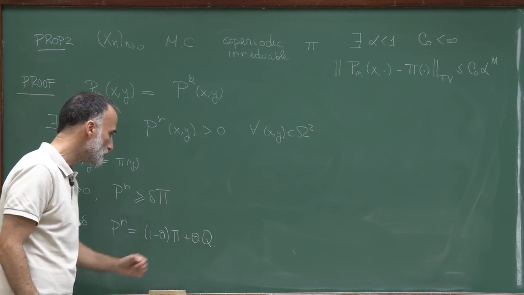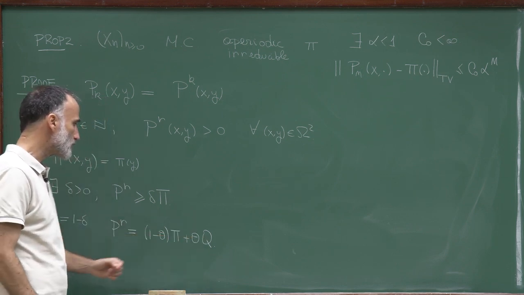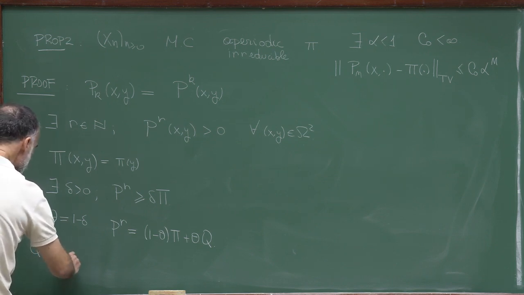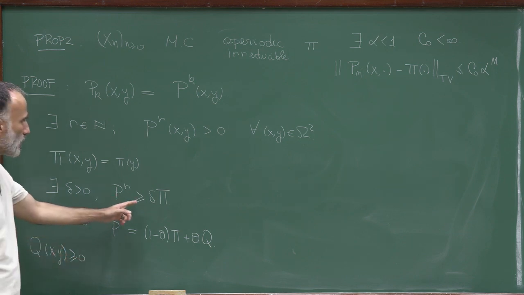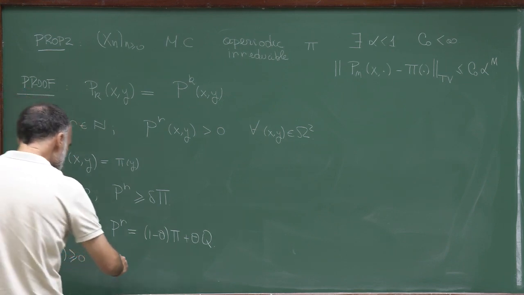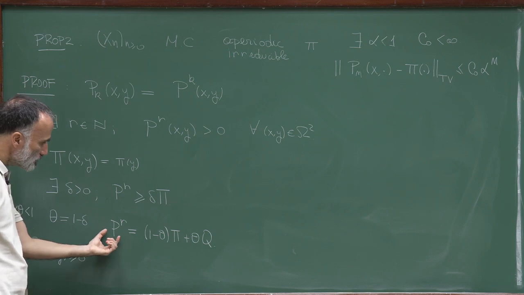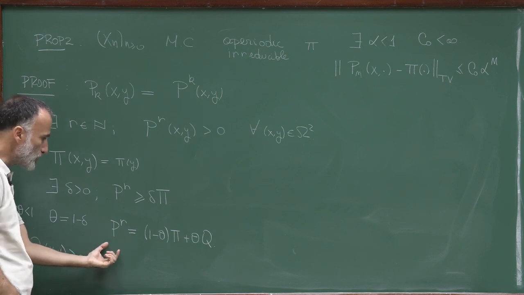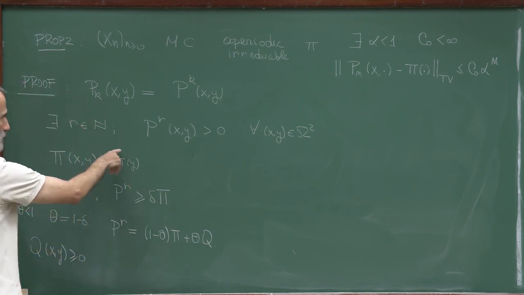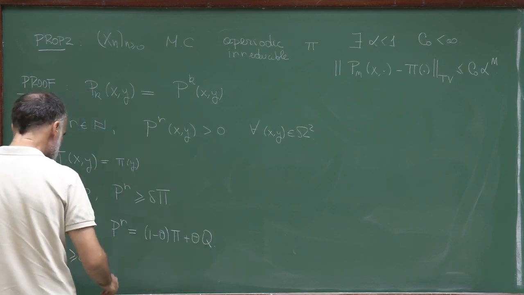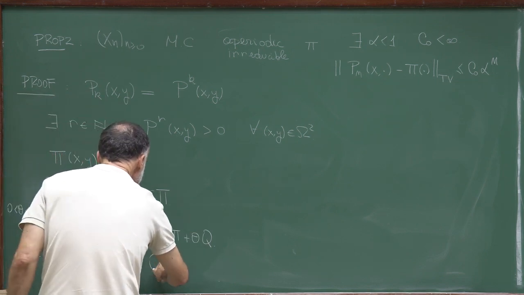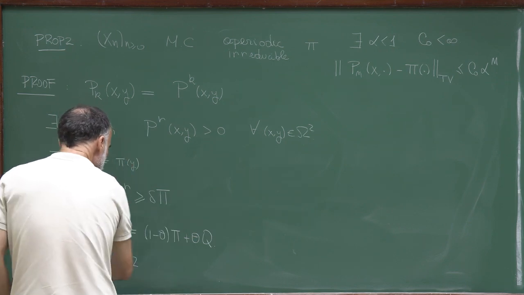This is an equation for Q. So this is the definition of a matrix Q. And what you know is that Q(x,y) is non-negative because P^r is larger or equal than delta Pi. And also, if you consider this matrix and you sum over y, you get 1. For this one, you also get 1 because you sum over y this matrix, you get always 1. And this means that for all x in omega, the sum over y of Q(x,y) is equal to 1.